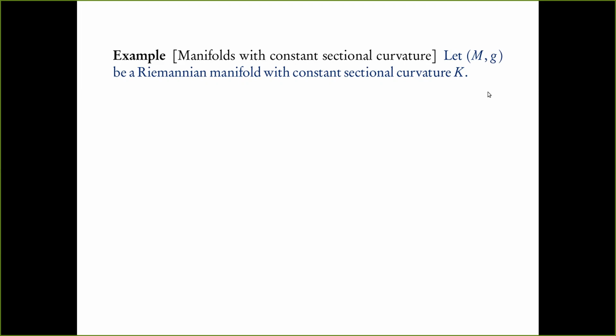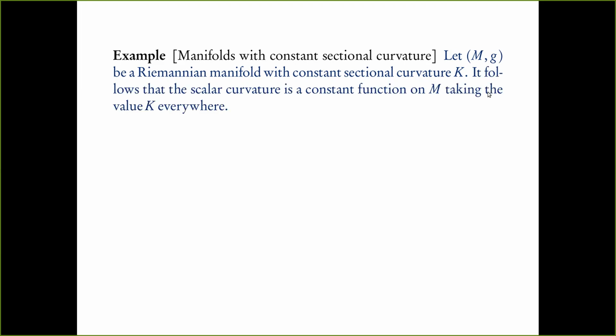Okay. So now I want to claim that the scalar curvature is also a constant function and the scalar curvature is always K. So why is that? Well, if you remember, the scalar curvature was the average of certain sectional curvatures, right? But if each sectional curvature is constant, if you take n number of them, add them up, divide by n, it's still the same constant.